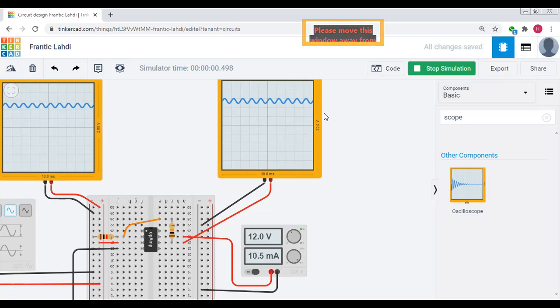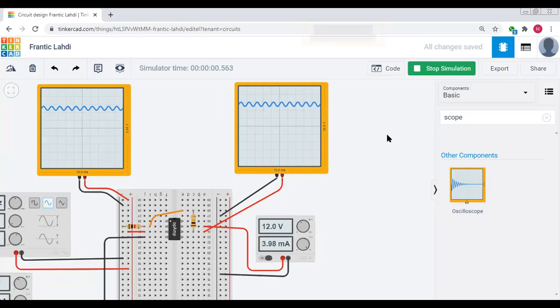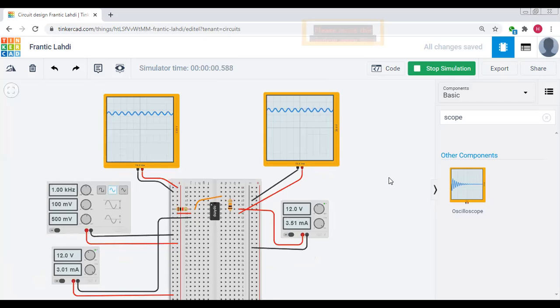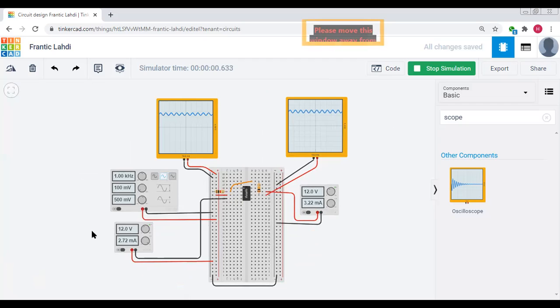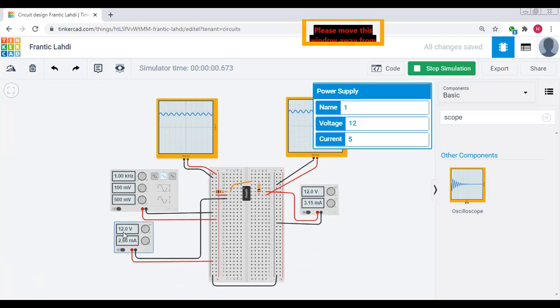The output voltage we get is 20 volt. So this is the circuit designing of a non-inverting amplifier.